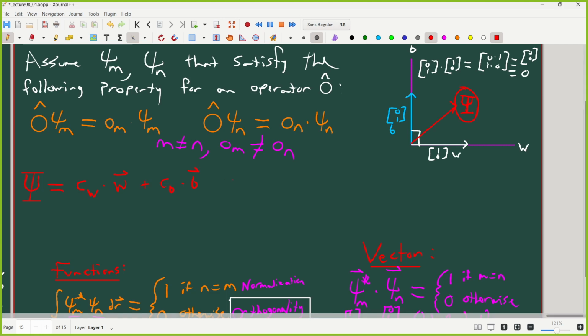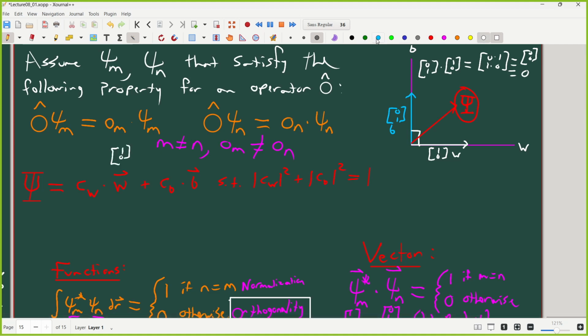It has to be length 1, so it's normalized such that CW squared plus CB squared is equal to 1. It's unit length. Remember that our white vector is just 1, 0, and our black vector is just 0, 1. I'm just implicitly writing these as white and black, but that's what that means. It's a linear combination of white and black.